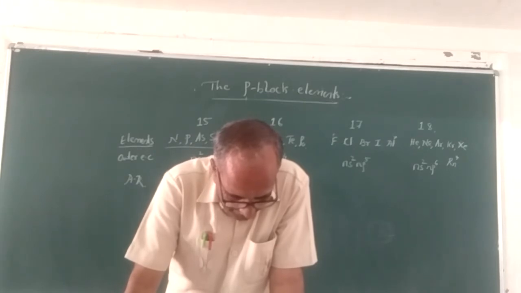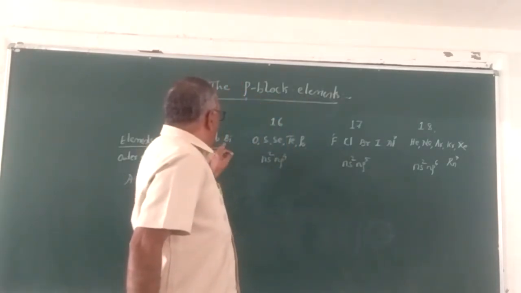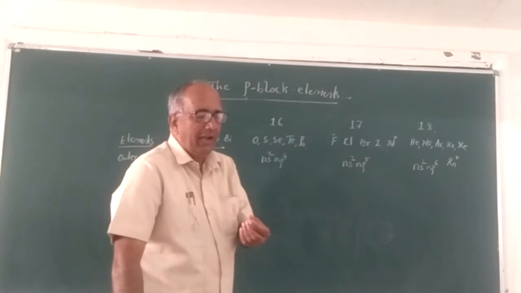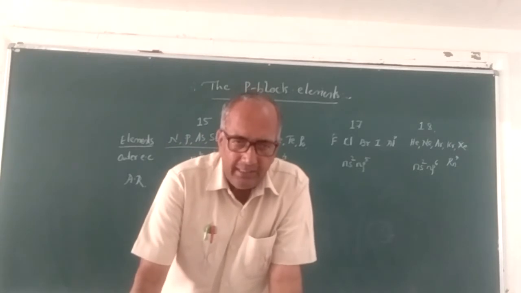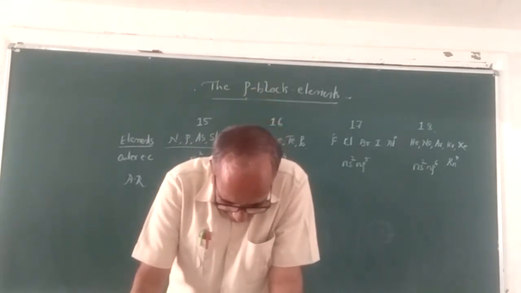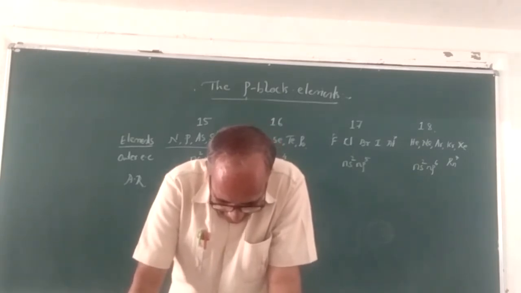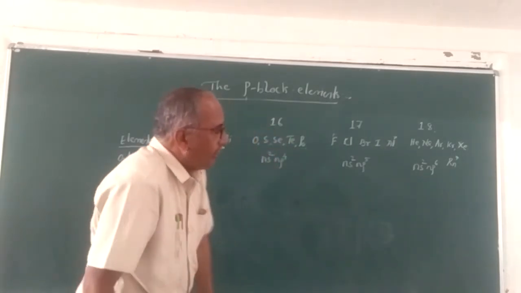When you observe arsenic and bismuth, only a small increase in size is observed due to the filling of d or f orbitals, and due to the maximum effective nuclear charge they have the smallest atomic radii. This is about the atomic radii.